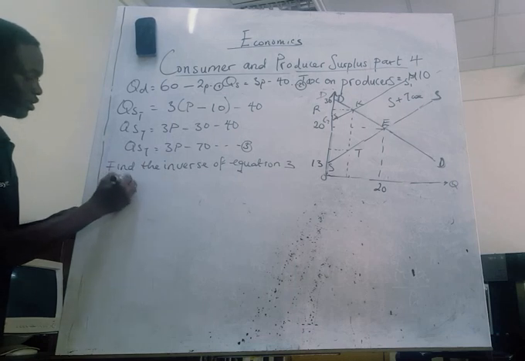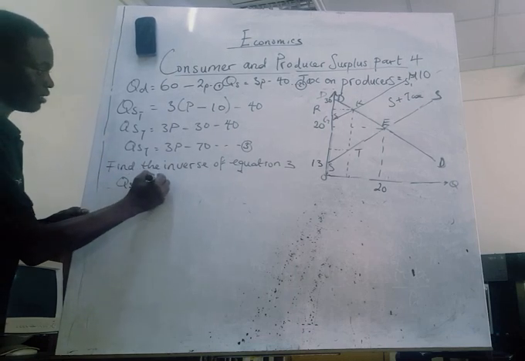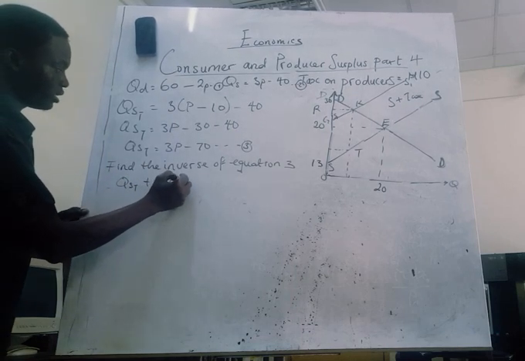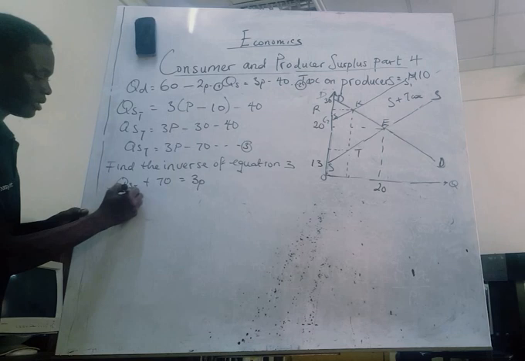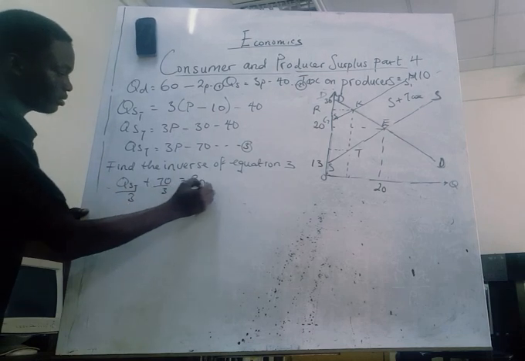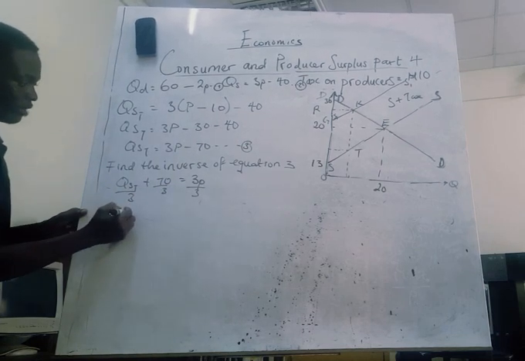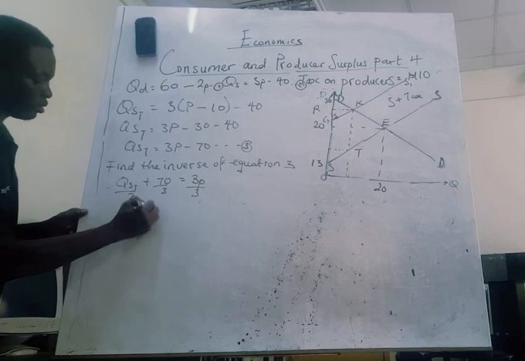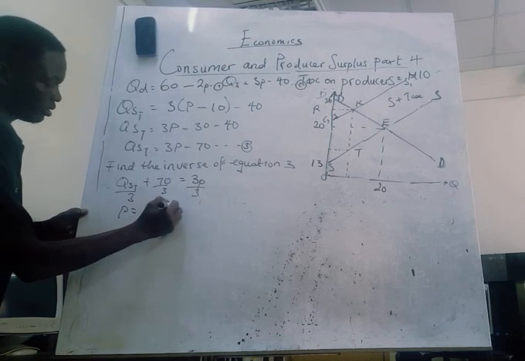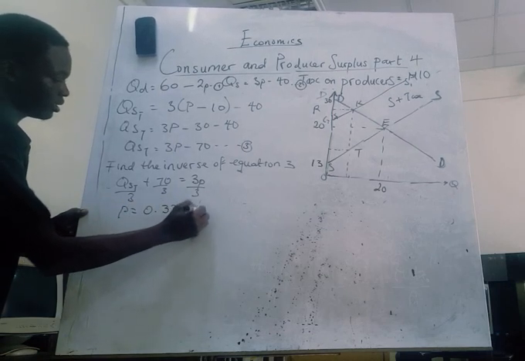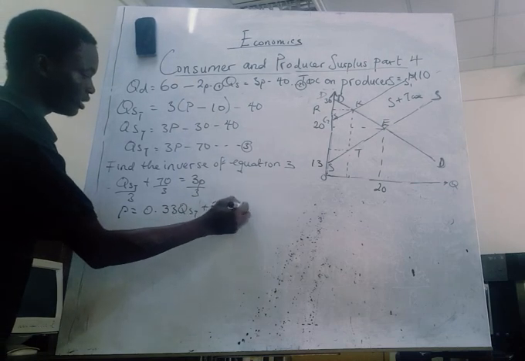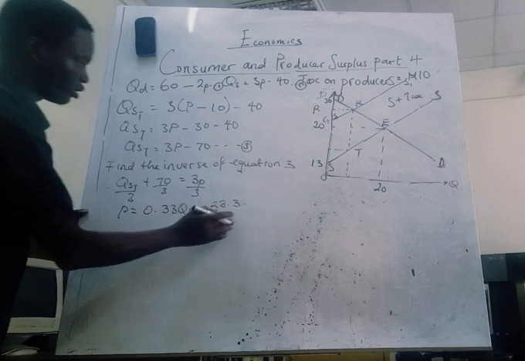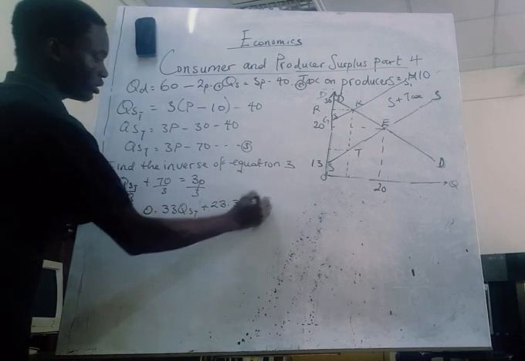So here we have QST plus 70 equals 3P, so we divide through by 3. So we have P equals 0.33 QST plus 23.3. Okay, so this is equation 4.